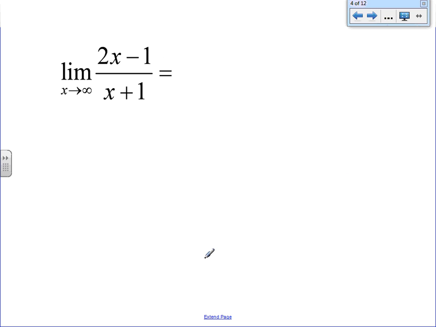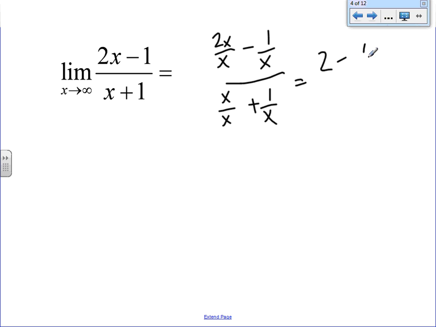So let's take a look at the limit here as we go through these. What I'm going to do is divide everything through by x. So this is going to become 2x over x minus 1 over x, over x over x plus 1 over x. As I do that, this turns into 2 minus 1 over x, over 1 plus 1 over x.